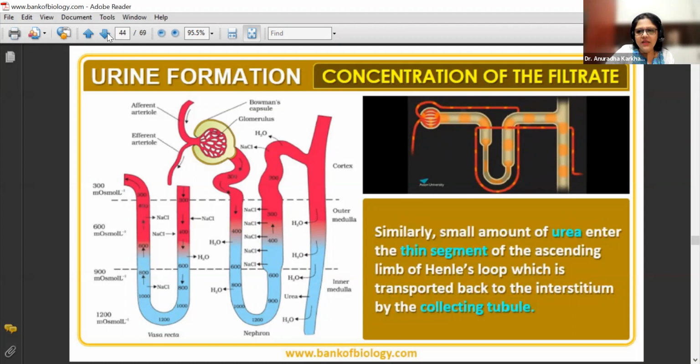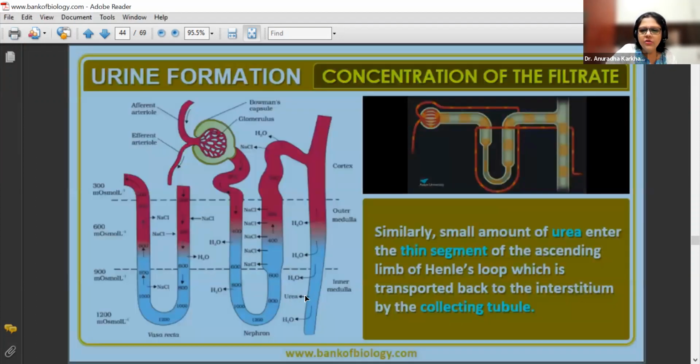Similarly, see, in the interstitial fluid, what is going to happen? A small amount of urea enters the thin segment of the ascending limb of Henle's loop, which is transported back to the interstitium by the collecting tubule. So you can see in this particular diagram, you can see urea. Urea is getting thrown out into the interstitial fluid by the collecting tubule.